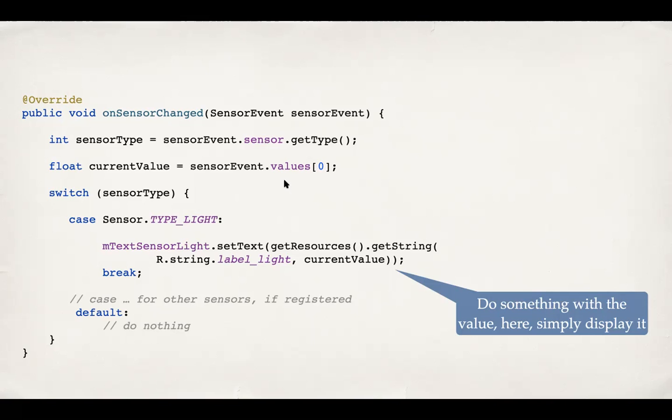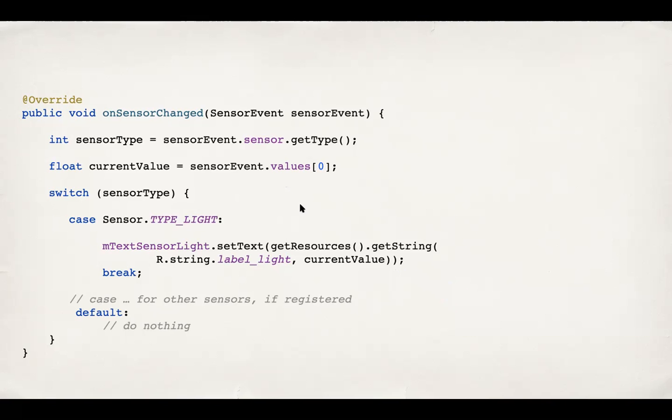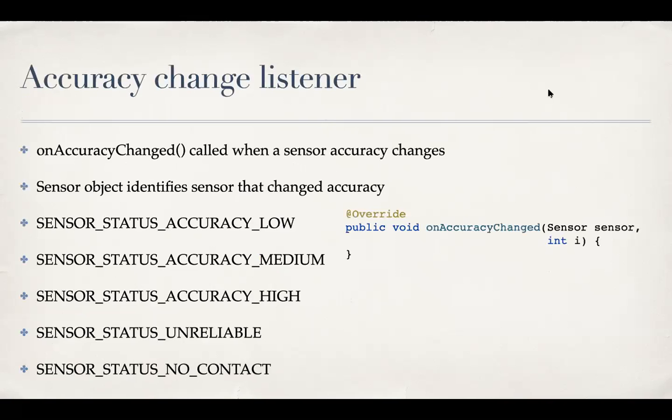Okay. Finally, we have the accuracy change listener, which we are not using here because we're not worried about the change in accuracy. But these are the different levels: SENSOR_STATUS_ACCURACY low, medium, high, unreliable, and no contact.